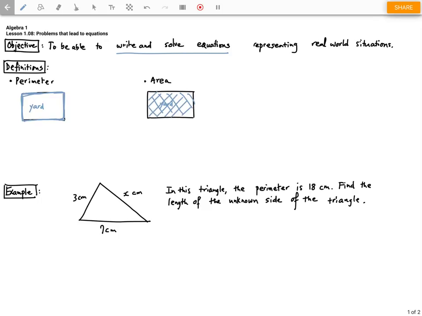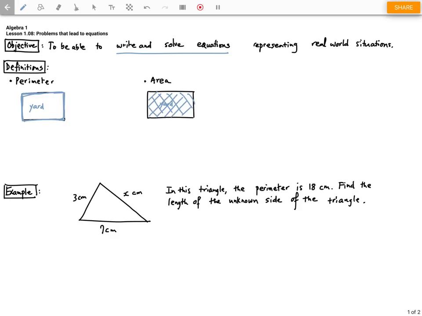So the way you can differentiate it is, for perimeter, think of the length of the fence, the amount of the fence around the yard, and then for area, think of the amount of the yard. So that's a good way to differentiate and understand perimeter versus area.